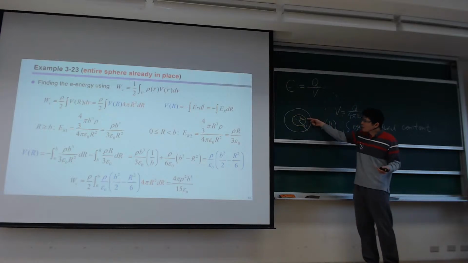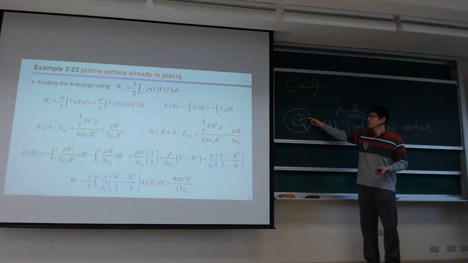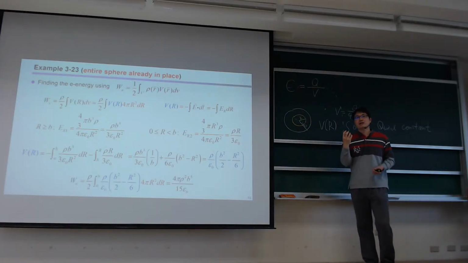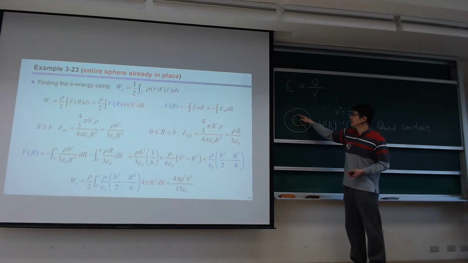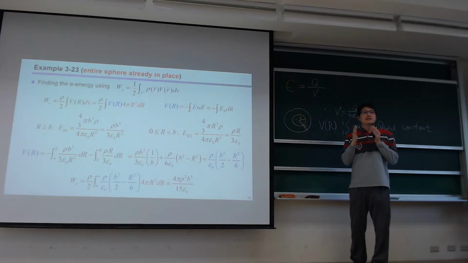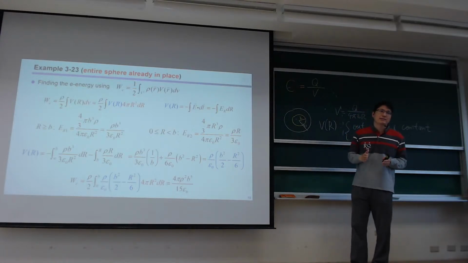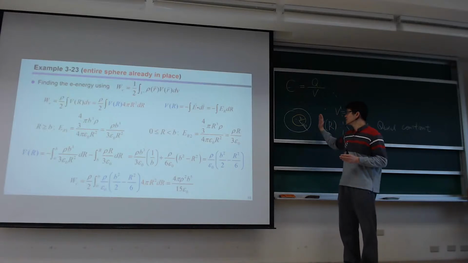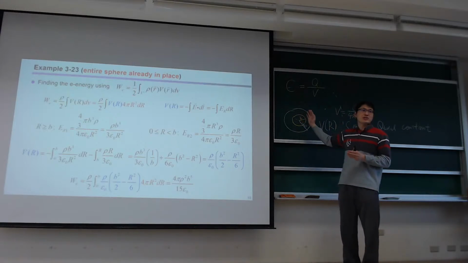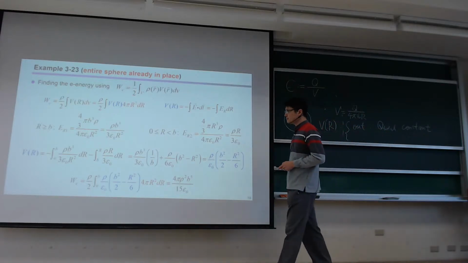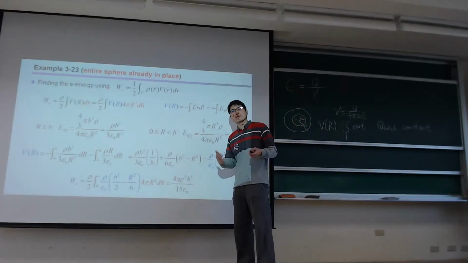But when you walk inside of the sphere, and you form this Gaussian sphere at this distance, the amount of charge enclosed by this Gaussian sphere is now spatially dependent. So you have to divide the analysis into two different regions, right? But you get the same result.